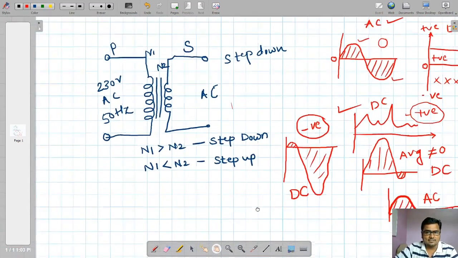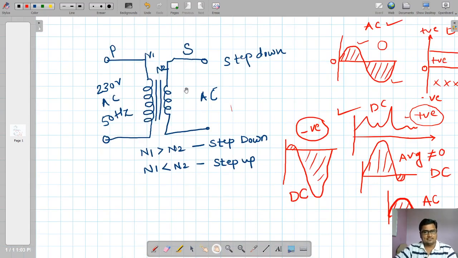Now, what is there at the transformer? Primary as well as secondary. N1 and N2 are the number of turns in the primary as well as the secondary. In some books, you will find a small dot at the primary somewhere here and at the secondary also here. What does it mean?